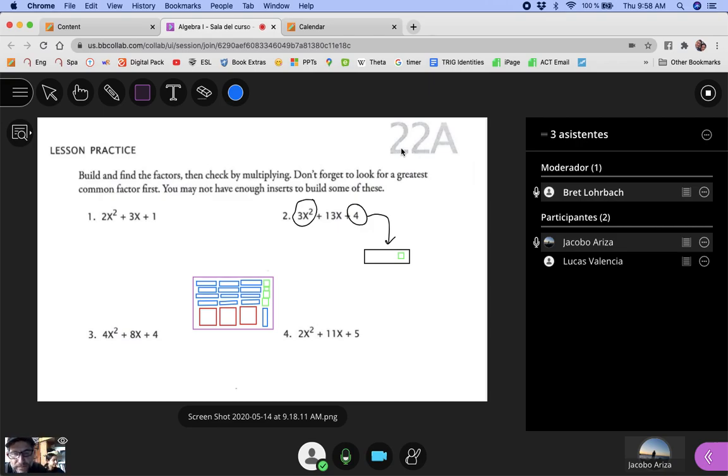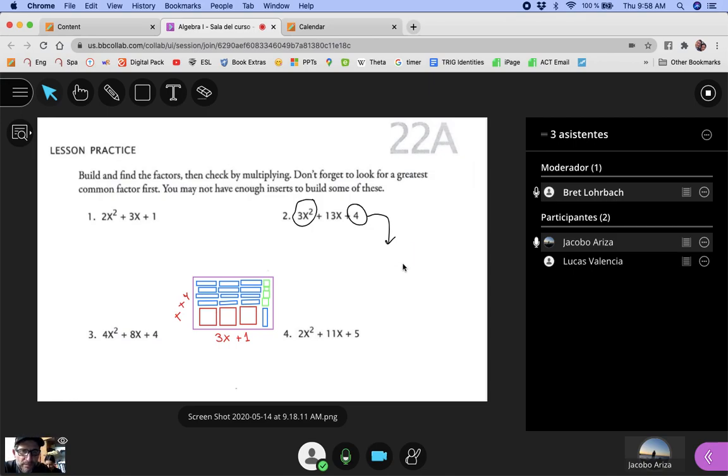Like, if I want the x to be 4 units, is it wrong to do that? No, look at number 3. Number 3 has a 4 in front of the x squared. Number 4 has a 2 in front of the x squared.